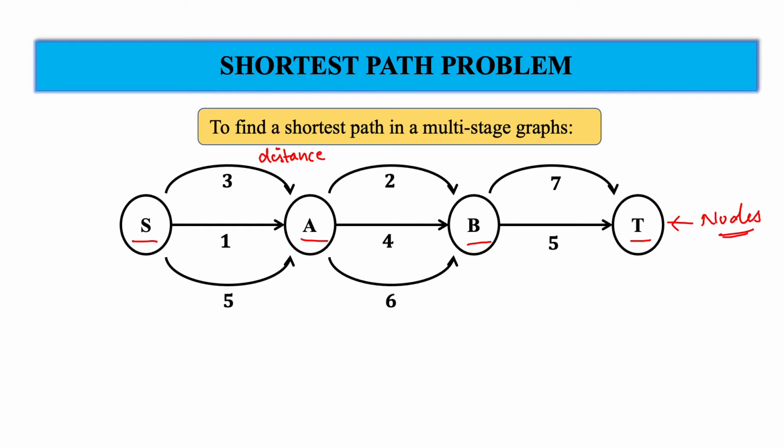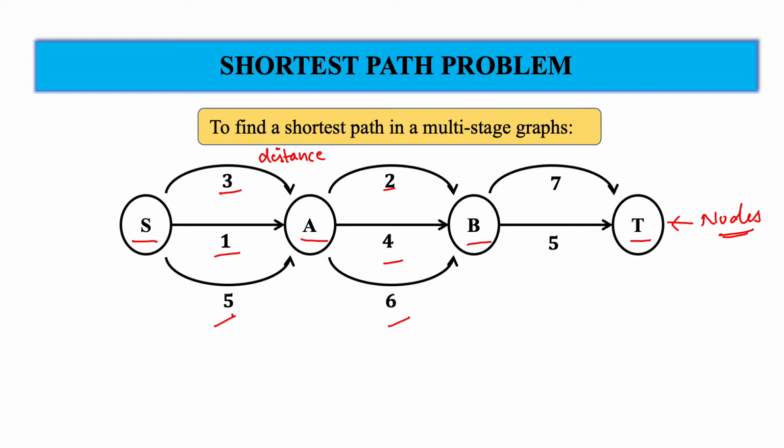It may be distance, it may be cost, or it may be some other value. For S to A there are three different paths or three different costs, let us say 3, 1 and 5. From A to B again we have three different paths, 2, 4 and 6.